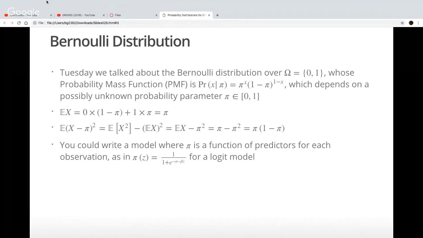So the Bernoulli distribution has this additional parameter, pi, which may very well be unknown, something that we'll ultimately try to estimate. But because it's a probability, it's confined to the space between 0 and 1.